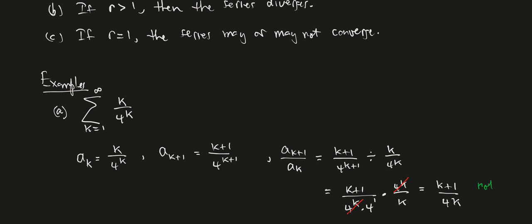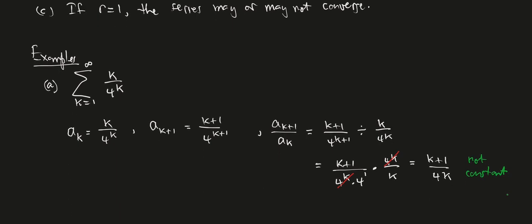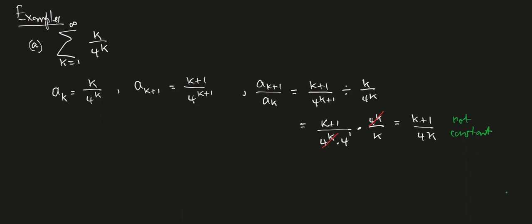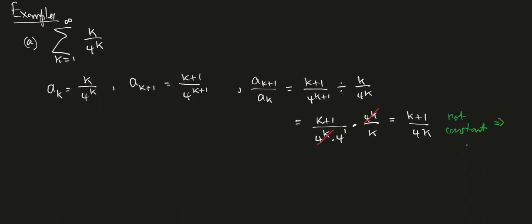So because this is not constant, that implies that our original series is not geometric. If the ratio of the successive terms came out to be a constant, like 1/4, for instance, or a half, or 8, then that would have been a clue to say, hey, this was actually geometric, and you could have done this an easier way.